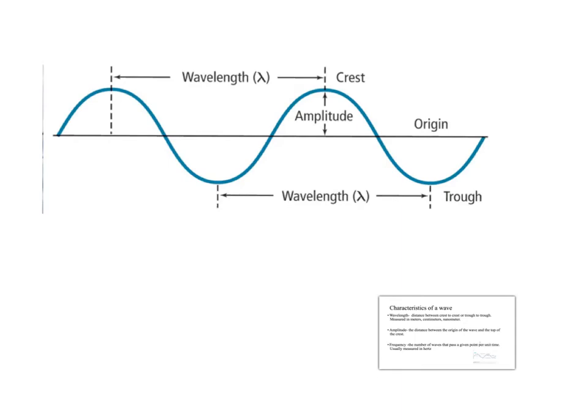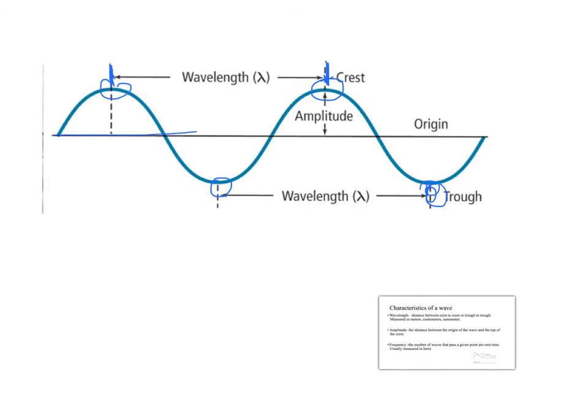When studying a wave, there are certain aspects of the wave that we need to define and be clear on. First, there is the wavelength. The wavelength is the distance from crest to crest. The crest is the peak of the wave, or from trough to trough, which is the bottom of the wave.